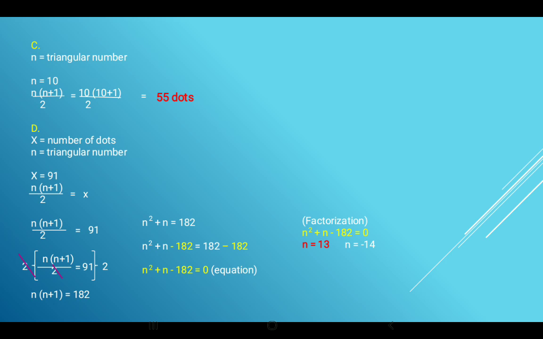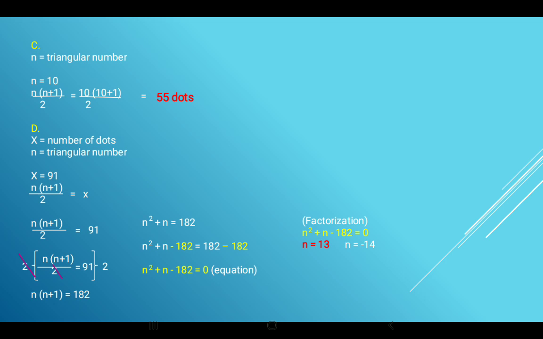Ngayon, i-factor na natin siya. Ngayon, ang factor ng n squared plus n minus 182 is equal to 0. N is equal to 13 and n is equal to negative 14. Ngayon, yung positive lang ang kukunin natin. I-disregard na natin yung negative. Dahil walang negative na counting number.